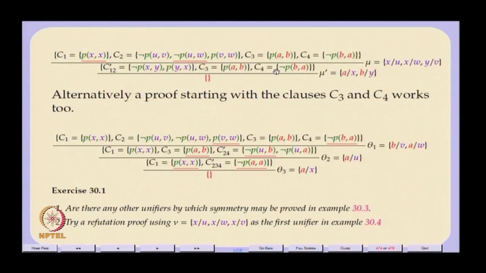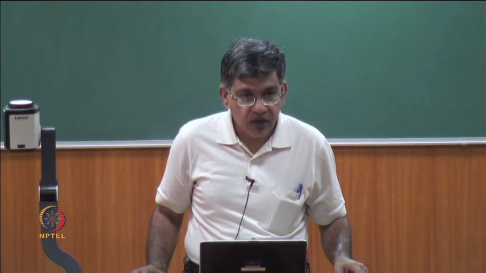I could have chosen a for x and b for y, or a for y and b for x. Depending on which one you choose, you will be resolving against two different clauses. But the effect is that you would have derived an empty clause. It does not matter what other clauses are hanging around.